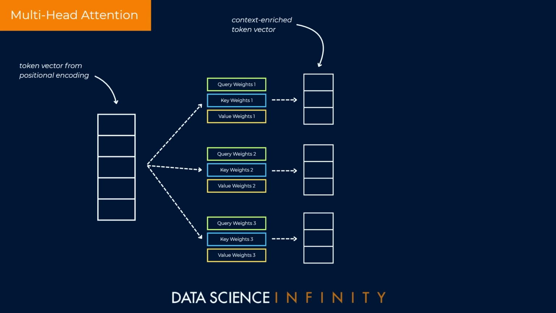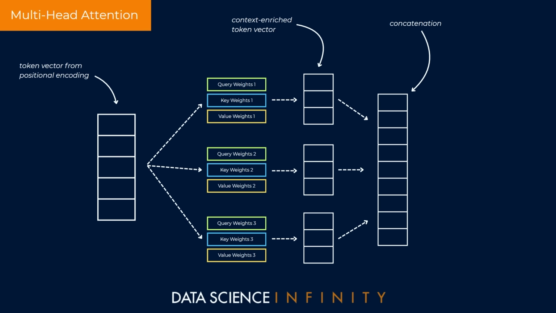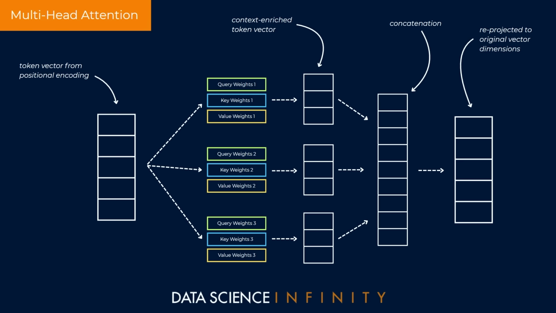In a GPT type model, there could be upward of 96 of these heads in each attention block. Anyway, the output vectors in this process are concatenated, and then just like we talked about a moment ago with a single head, another set of weights is used to project this back to the original dimensions. So that is multi-head attention and how it differs from what we discussed in the earlier tutorial.